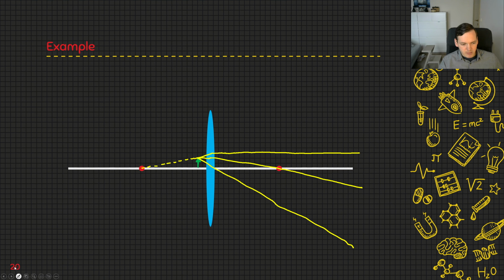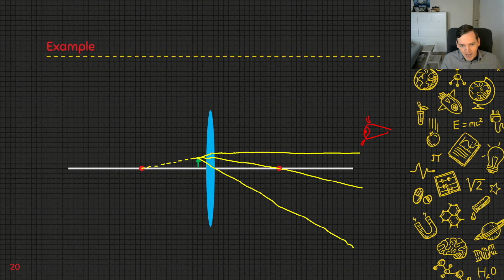They don't come back together. So that presents a little bit of a problem for us because we don't know what's going on with the image. So instead what we do is we go backwards and say, well, if my eye was over here, so I got a little eye here, what would I see? Well, all these lights would be hitting my eye, and my eye would assume that they started in the same place.